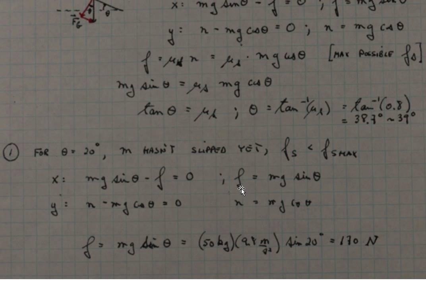And so therefore I can go back to the f equals mg sine theta, and I can conclude that the frictional force is simply mg sine theta, which is 50 kilograms times 9.8 meters per second squared, using the real value of g, times the sine of 20 degrees. It's 170 newtons. So 170 newtons would be the frictional force in that situation.